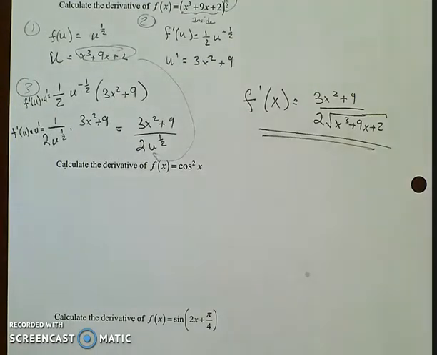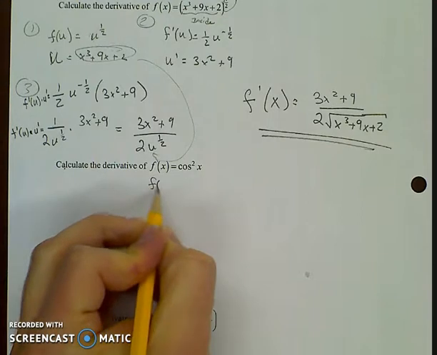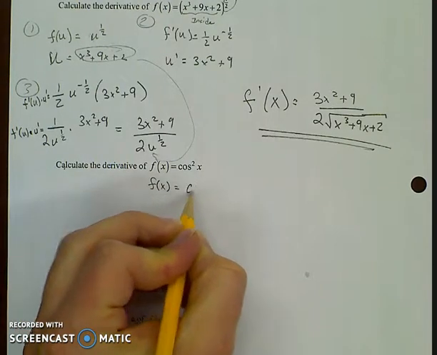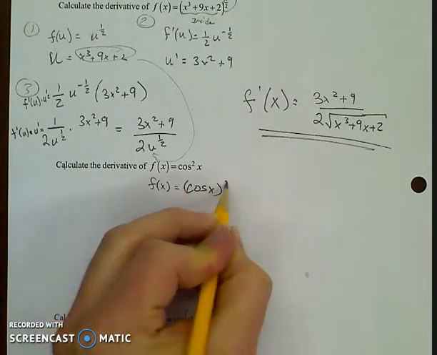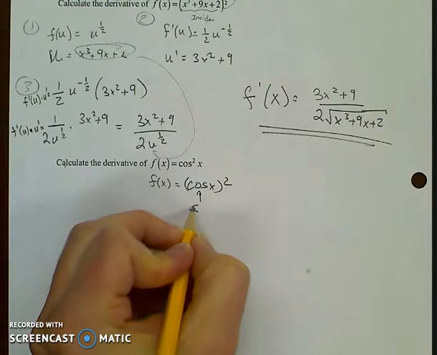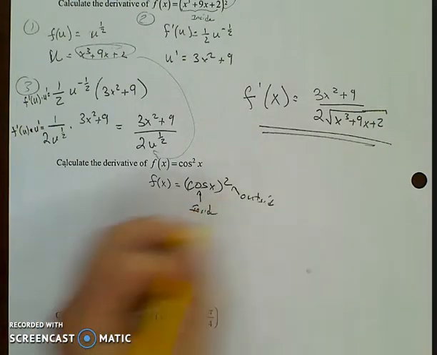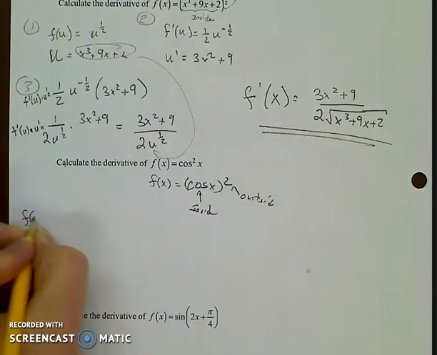Moving on here, f of x is cosine squared x. We need to recognize, and this is going to be important for the rest of the year, that that can be written as cosine of x quantity squared. So the inside, outside. So f of u is u squared.